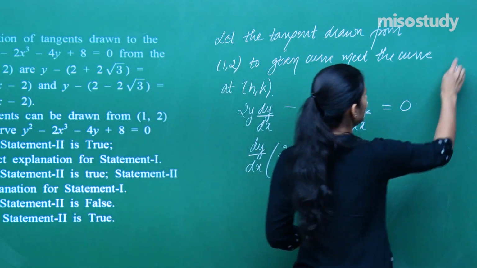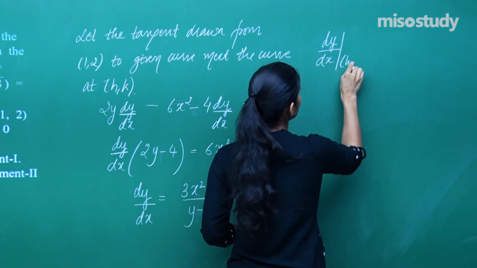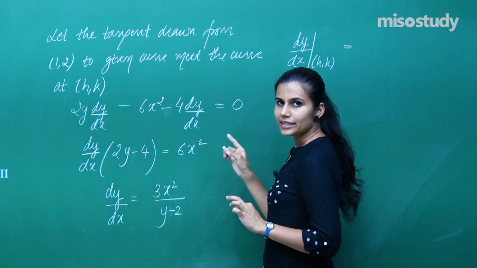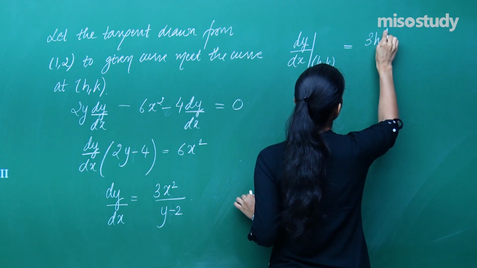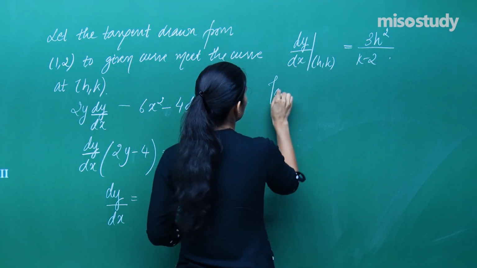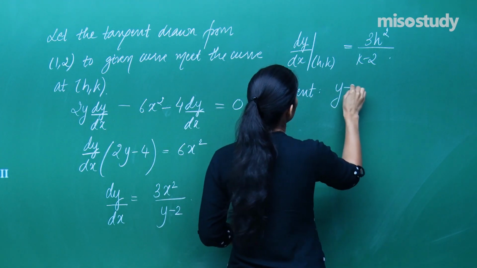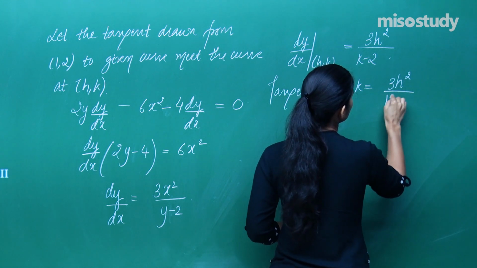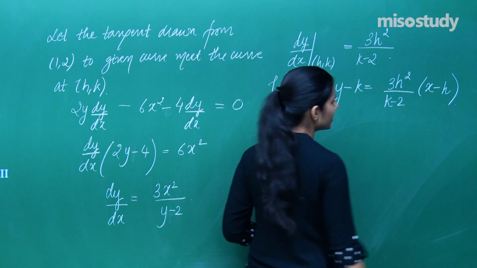minus 2. So therefore dy by dx at the point h comma k, this is nothing but the slope of the tangent to the given curve at the point h comma k, becomes 3h square upon k minus 2. Therefore equation of tangent becomes what when you know the point and the slope? It is y minus y1 equals m into x minus x1.